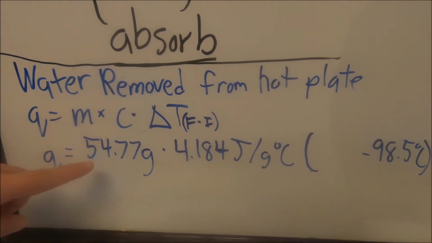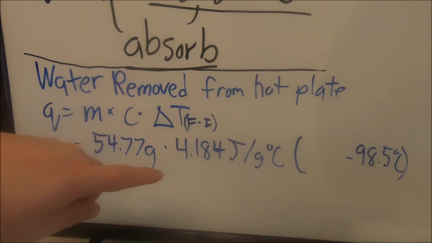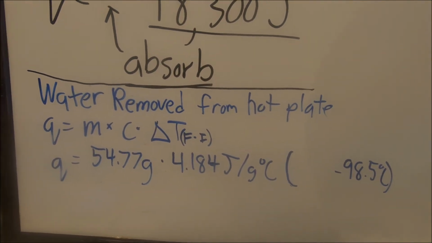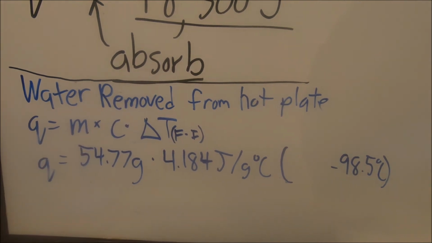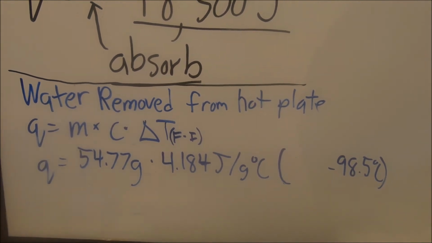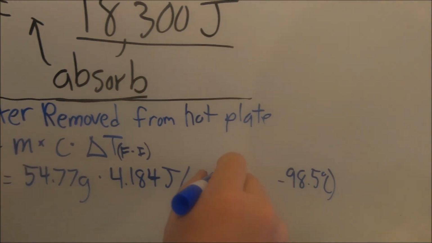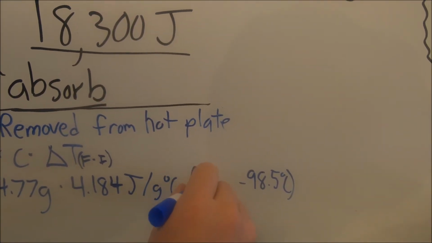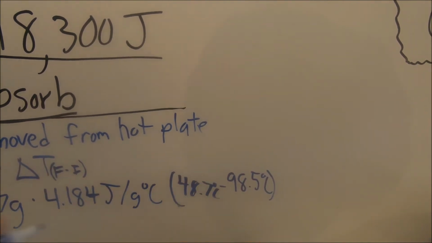temperatures. The mass has stayed the same. The specific heat of water is still the same. But now the initial temperature was the temperature of the water that we ended with, and our new final temperature was 48.7 degrees Celsius.